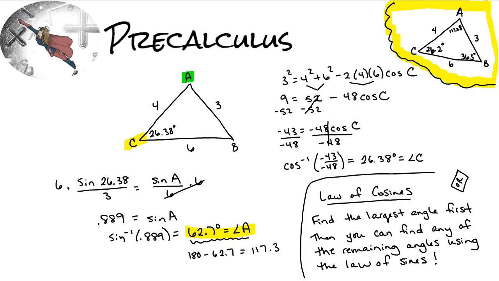Or just use law of cosines to find both the first and the second angles. And then you could just subtract from 180 to get that final angle. That would also eliminate any problems that could come up. And so this is just what I wanted to show you.